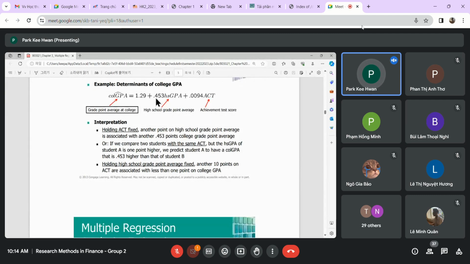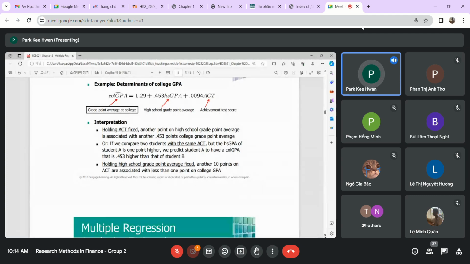But if you do not have this SAT variable in your model, if you have a simple regression model, this would be in the error term. Then we cannot hold SAT fixed when you estimate this slope parameter. In that case, you have the bias problem.